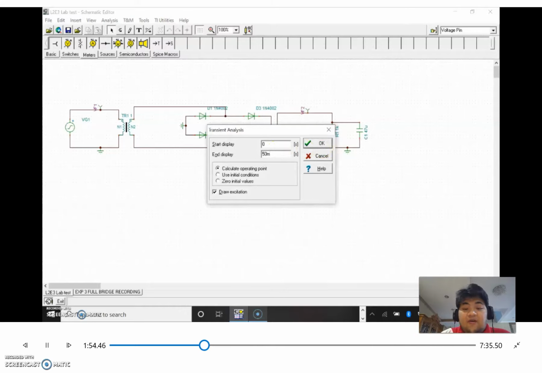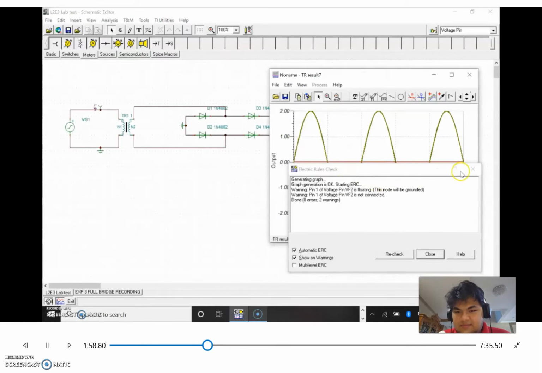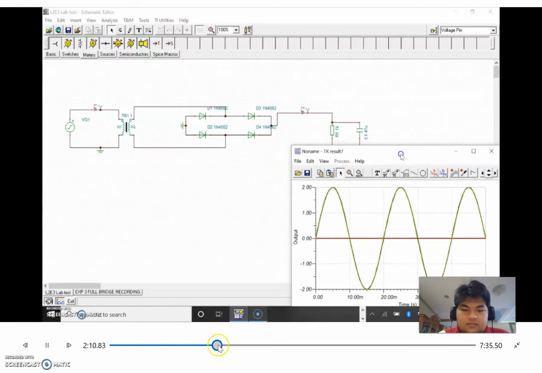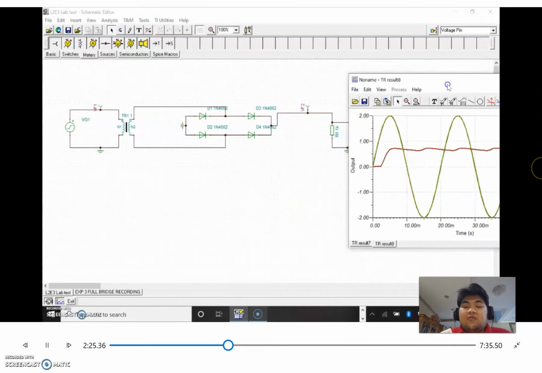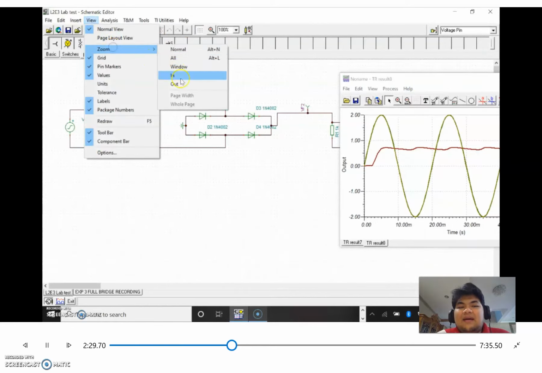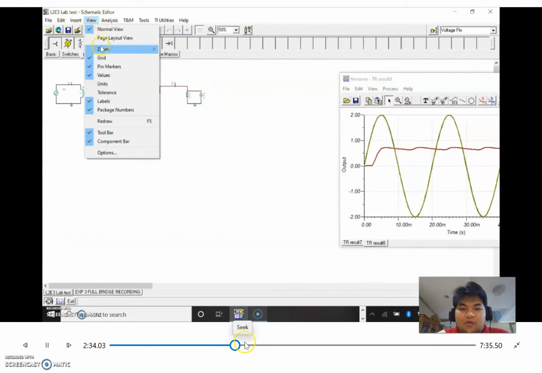If you observe the waveform, because this is a full wave rectifier, you can see that it is quite smooth for voltage output.